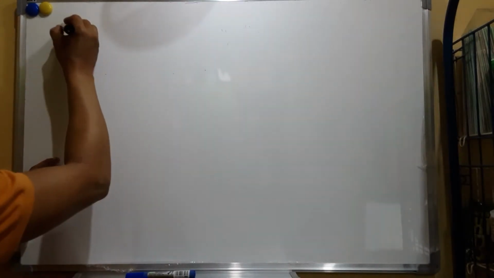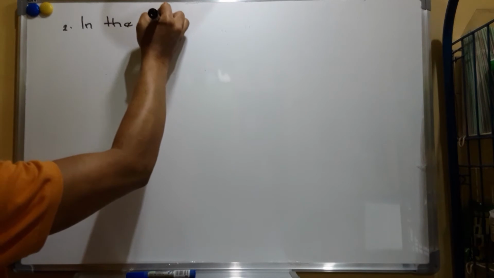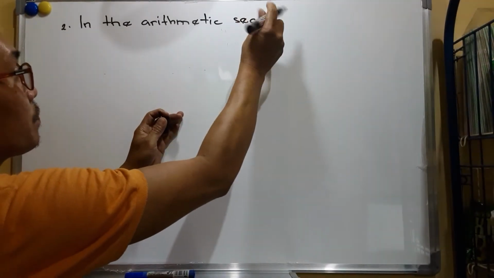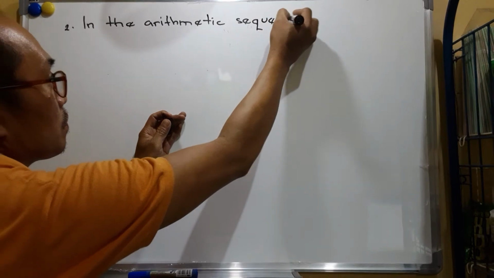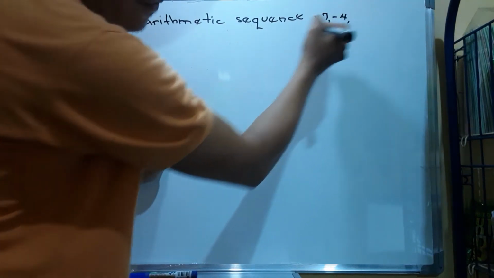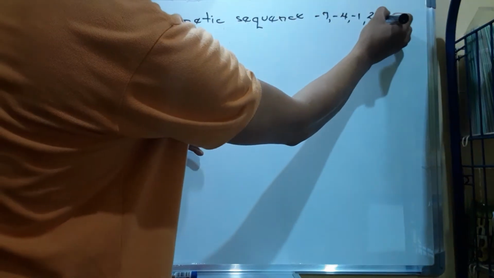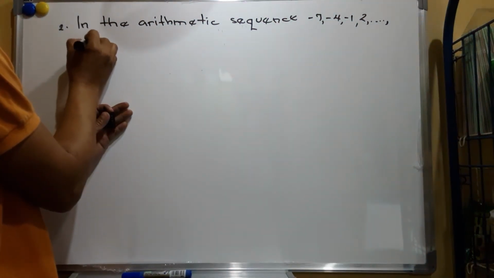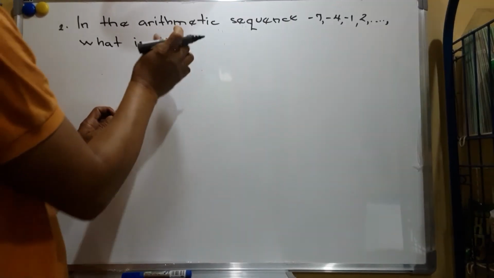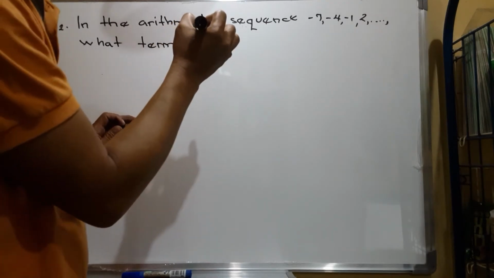In our second example, let's see, in the arithmetic sequence -7, -4, -1, and 2, what term is 44?